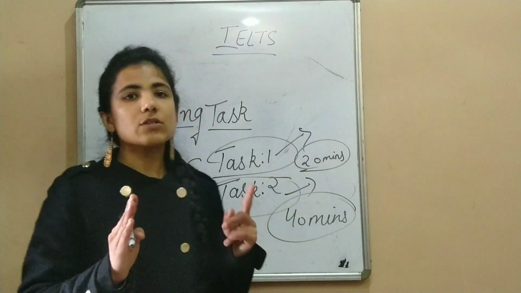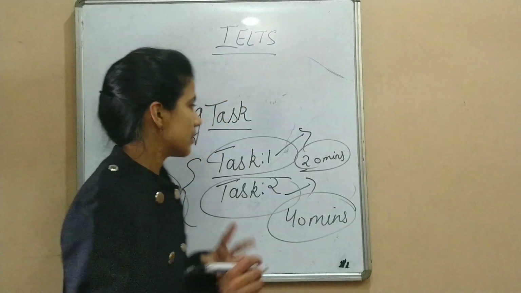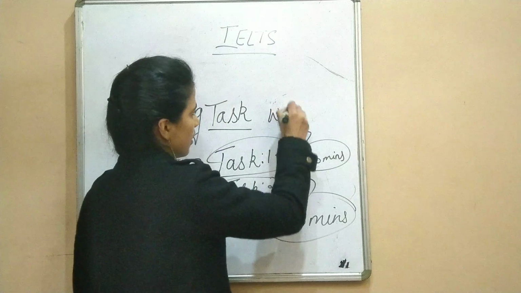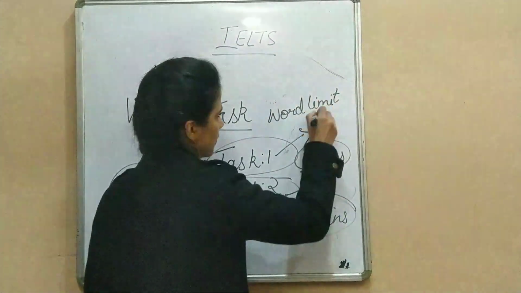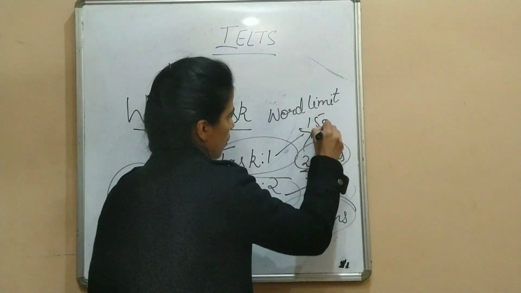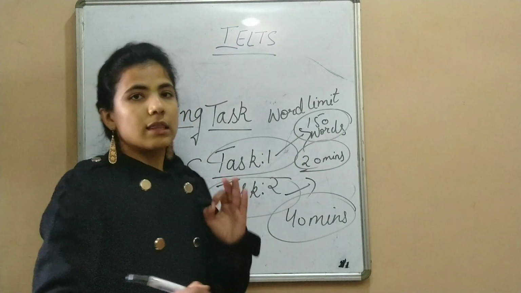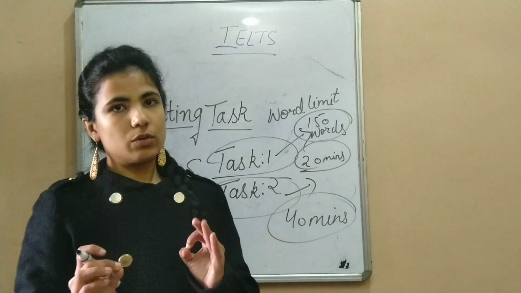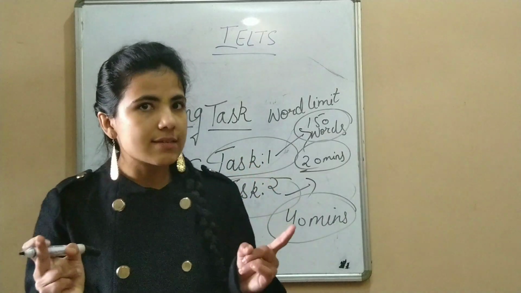Task 1, the data has already been shared to you. Second very important reason is the word limit. The word limit here for you is just 150 words. Wherein, if I talk about task 2, the data has not been given to you. You need to create the data by your own brain using your own wits.